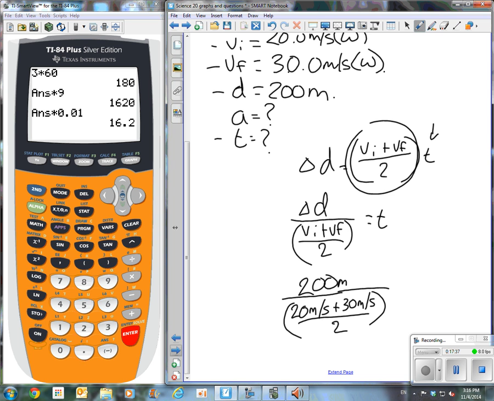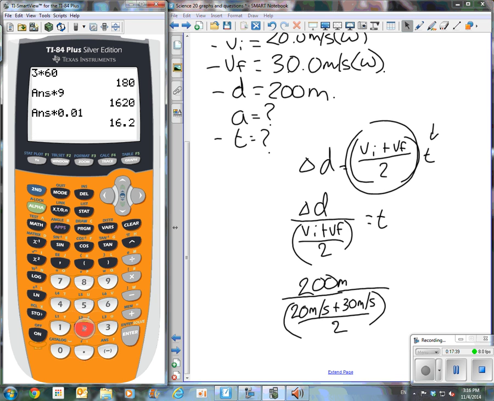So I'm going to do the first portion first. 20 plus 30, enter, divided by 2. So 25, that means the denominator there is 25. So 200 divided by 25 gives me a time of 8 seconds.